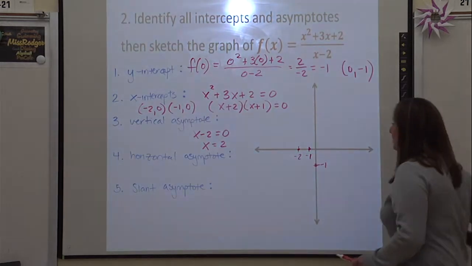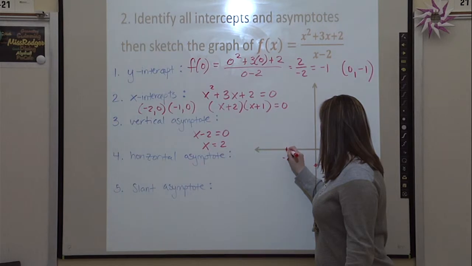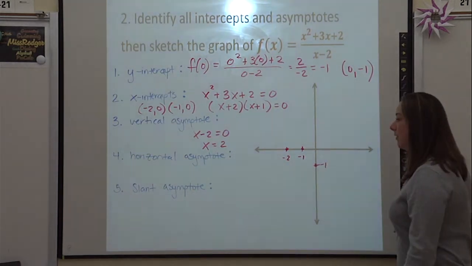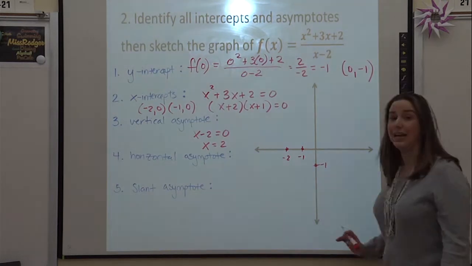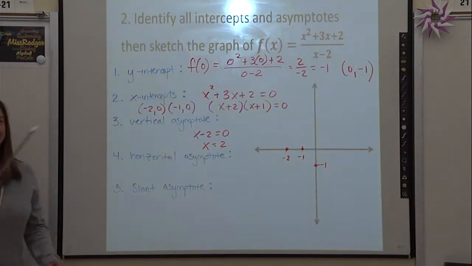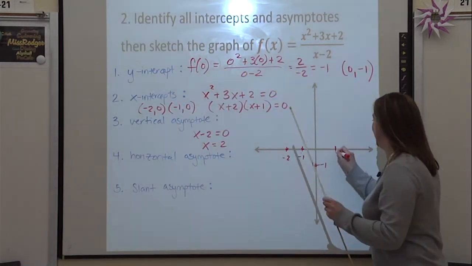And maybe I even want to space this out a little bit more since it's a sketch. And my vertical asymptote is going to be x equals 2.